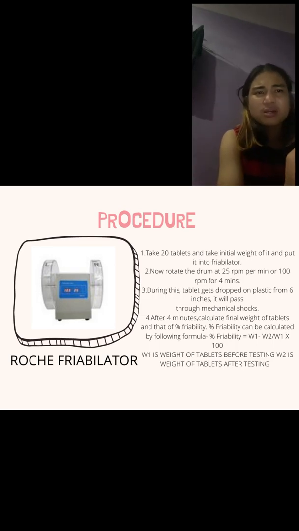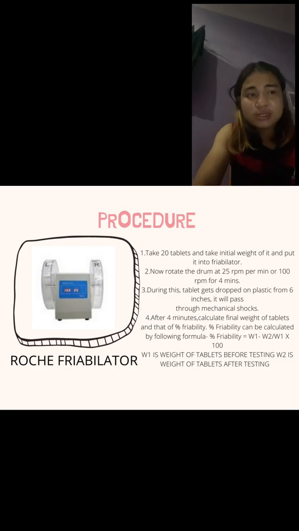Percentage friability can be calculated by the following formula: percentage of friability equals weight 1 minus weight 2, divided by weight 1, then times 100. Weight 1 is the weight before testing, and weight 2 is the weight after testing.